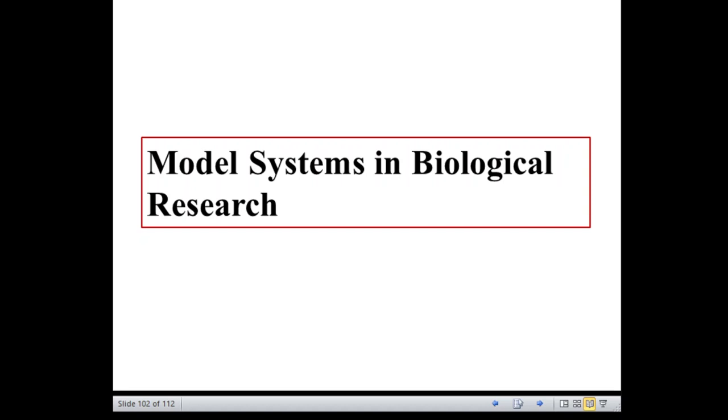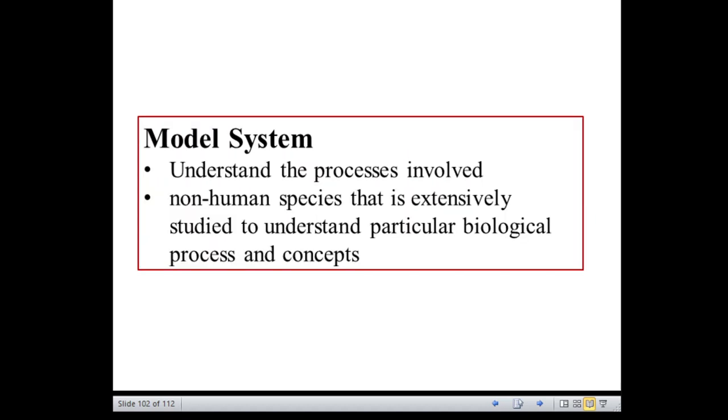So, as you know, there is a development of wide variety of species which has been used for various studies at one time or another, and a relatively small number of organisms has provided most of our knowledge about the developmental process or the mechanisms, right?